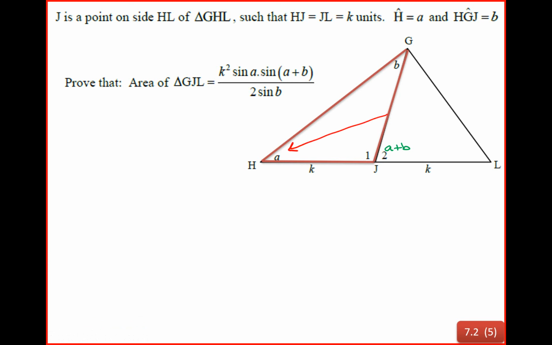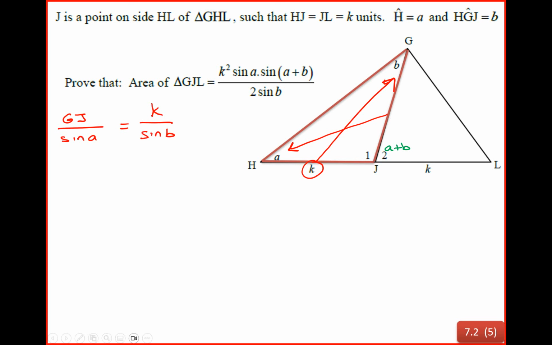So we have the angle opposite, and we have side K, and we have the angle opposite it. So we're going to write that down. We'll start with what we want to find. GJ over sine A is equal to K over sine B.